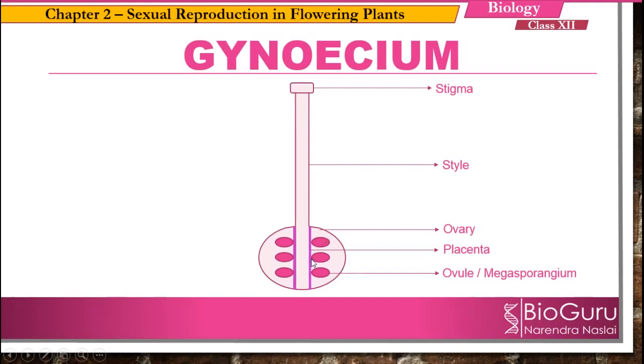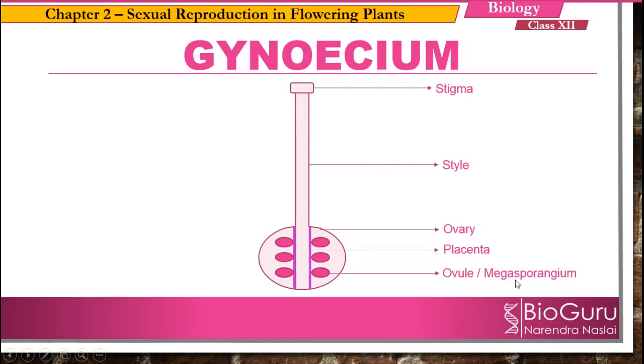Inside the locule, the placenta along with the ovules is arranged. So, what is present in the ovary? First of all, there is a chamber called the locule, and a nutritive tissue called the placenta, to which certain structures are attached, called ovules, also known as megasporangium.